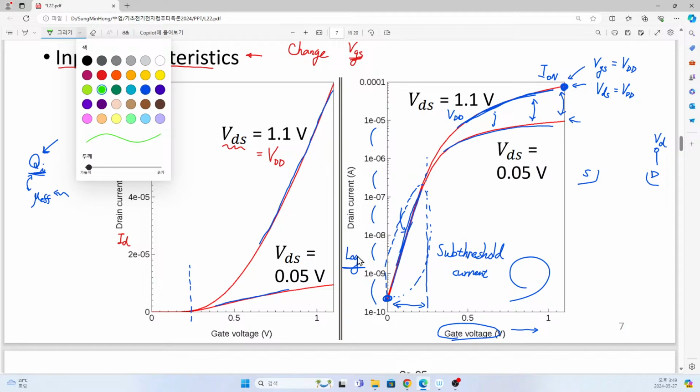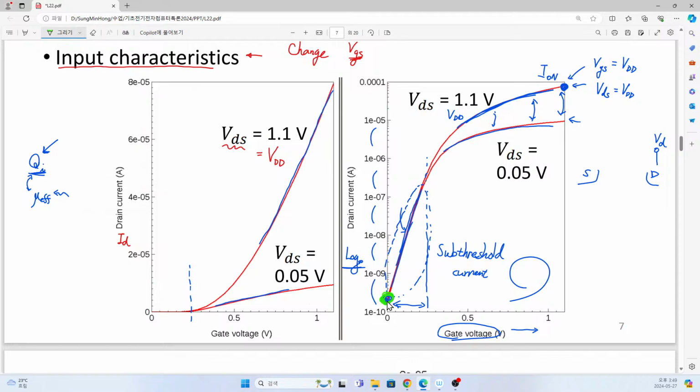So let me use a different color here. And this is corresponding to the case where gate voltage equal to 0 and at the same time drain voltage equal to VDD. It means that although we apply zero gate voltage, so we wanted to shut down this device, however, by action of this high drain voltage equal to VDD, we have unwanted current.